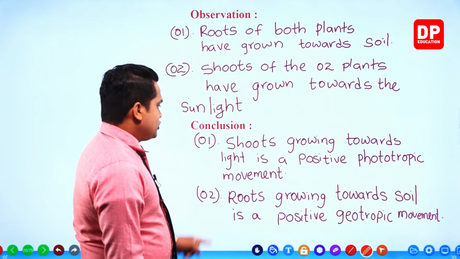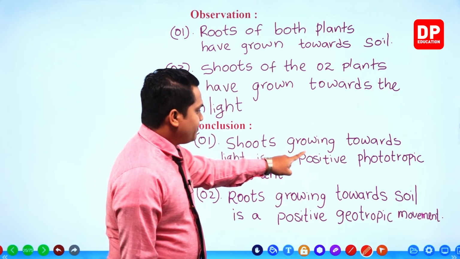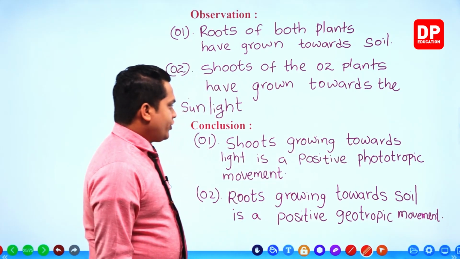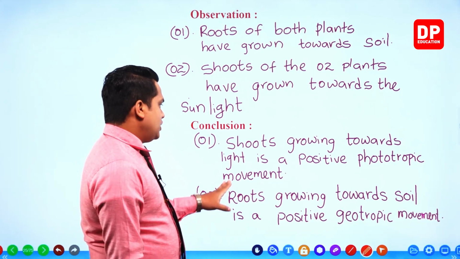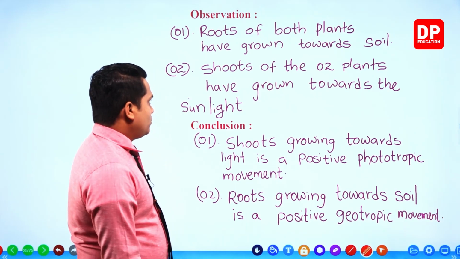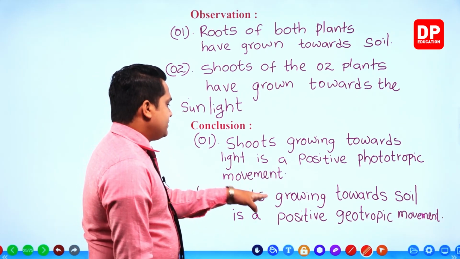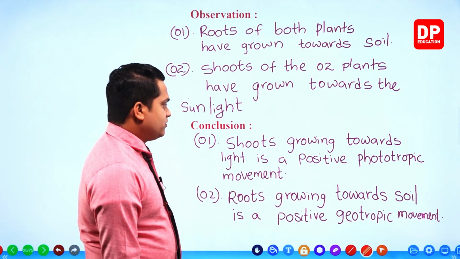Right? So, shoots growing towards light is a positive phototrophic movement. Roots growing towards soil is a positive geotrophic movement.